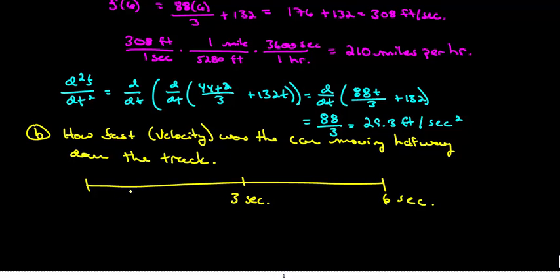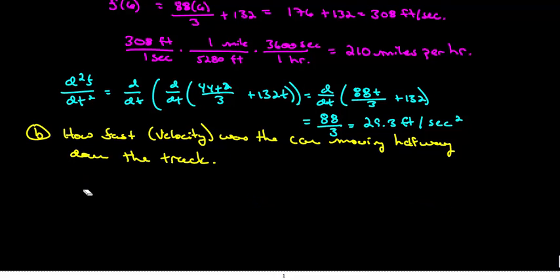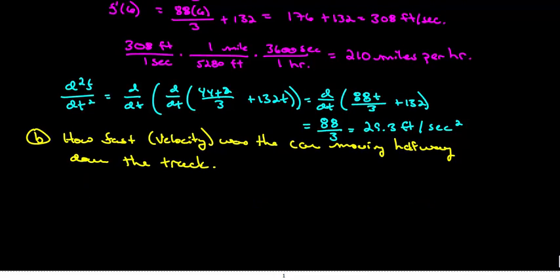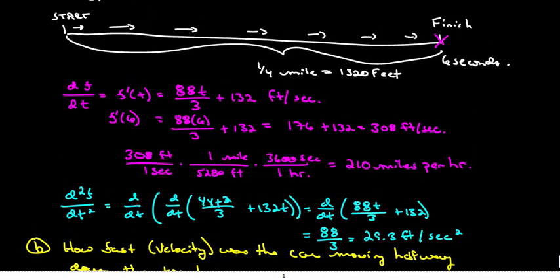So the car actually doesn't reach halfway at 3 seconds. It reaches halfway at a different time. We need to figure out what that time is. There's a couple ways that we can do this. What I'm going to say is this: halfway down the track is an eighth of a mile.